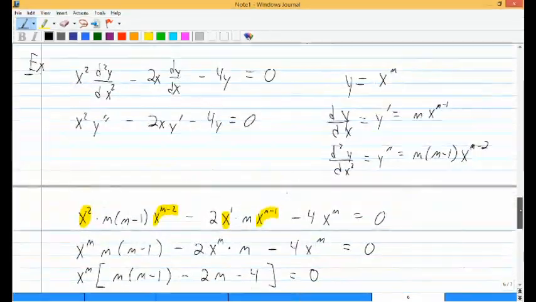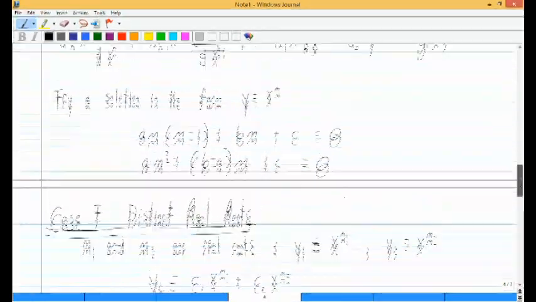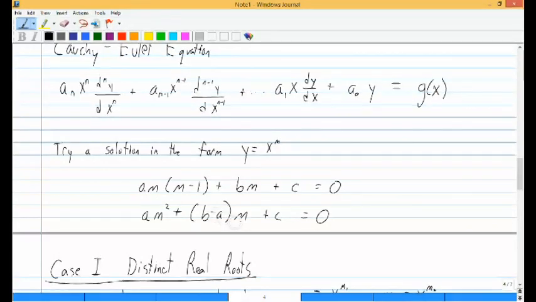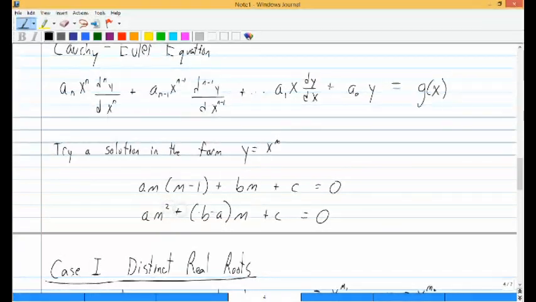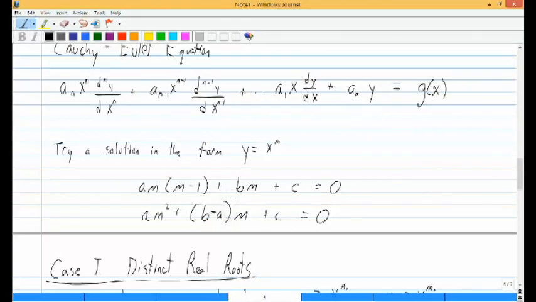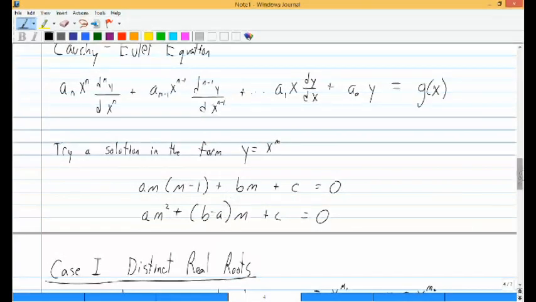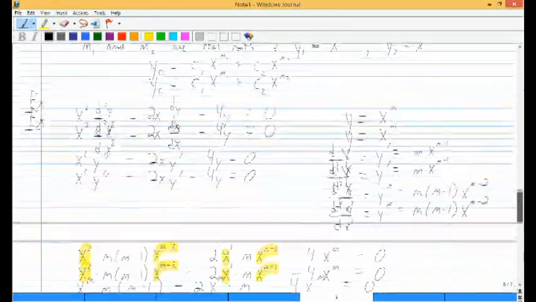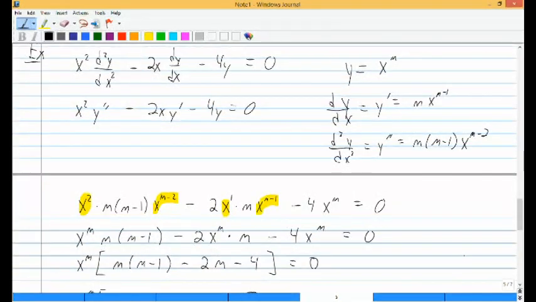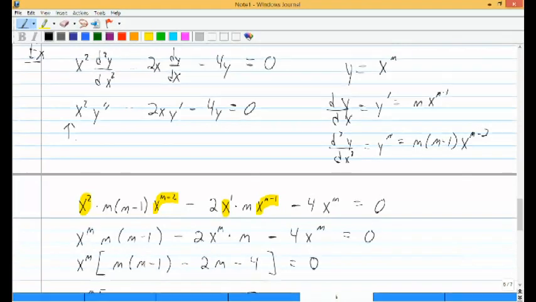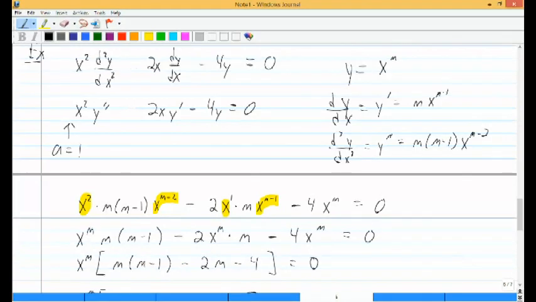If you remember, right here, the middle term ends up being b minus a. So you have a number in front of the m squared, but the number in front of the m is b minus a. Okay, so in your differential equation right here, the a here is equal to 1.